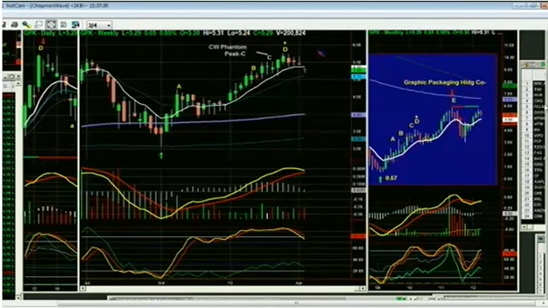But if the pullback is mild and it holds $5.10, the 20-period exponential moving average, this dashed line, all of this week into next week, that would be very good action to say there's a good chance that the pattern that followed where it made a V-shaped formation back in the monthly chart is the characteristic of this particular packaging holding company, and it's going to retest at least the high bar of 567 the week of the 6th of April.